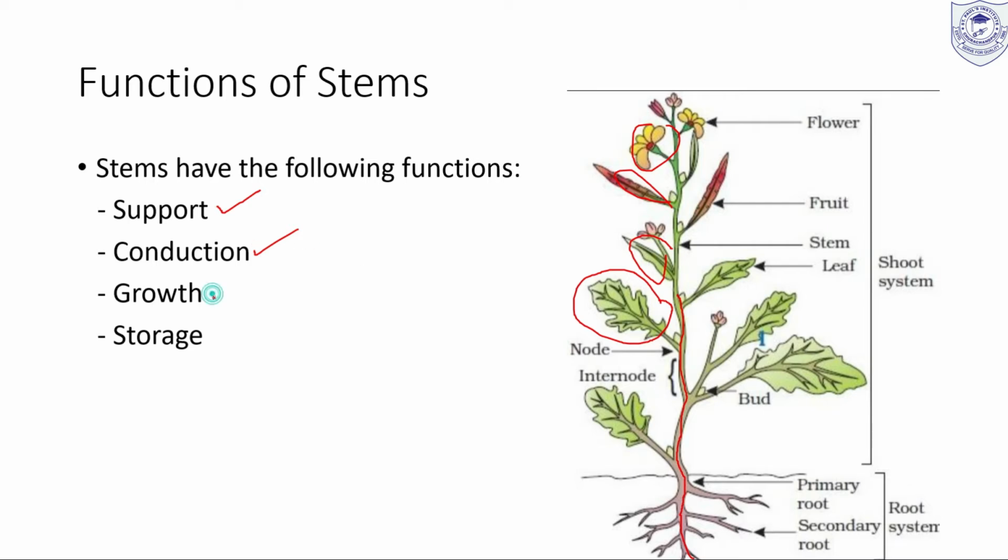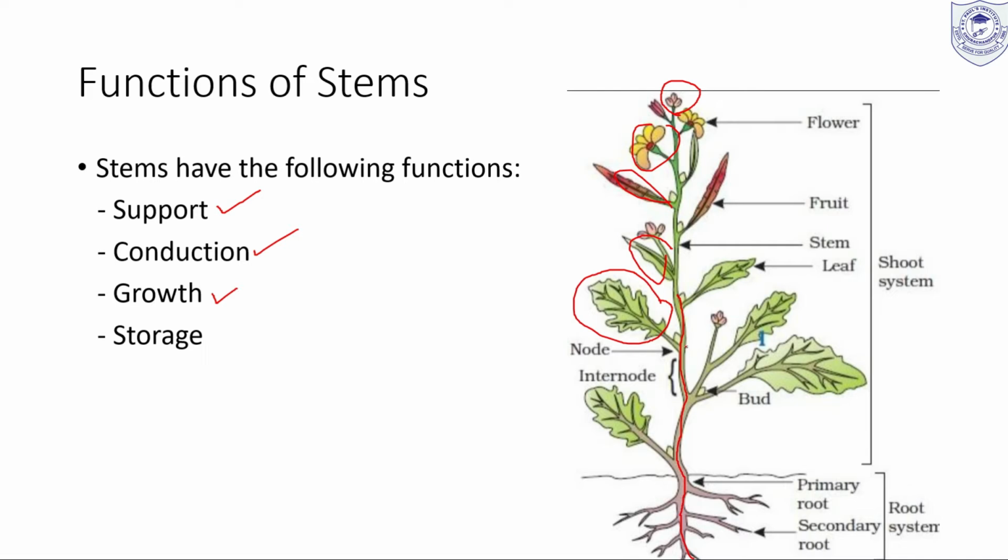And the third function is growth. From the stem, the apical or terminal buds will arise, okay? These apical or terminal buds will help in the lengthwise growth of the plant, okay? This will increase the height of the plant, and a bud can also develop in the axils of the leaves, okay?